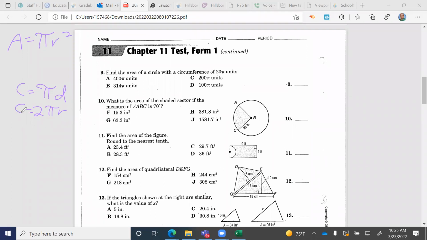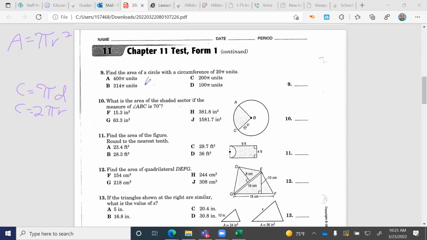Okay. Now, since they're telling us the circumference is 20 pi, we should already know one of our dimensions from that statement. Because one of these statements is just times pi. So we have diameter times pi, circumference. So that 20 is actually our what? It's our diameter. So if we know our diameter is 20, then our radius must be 10.